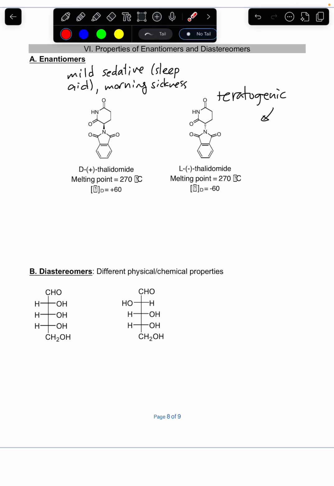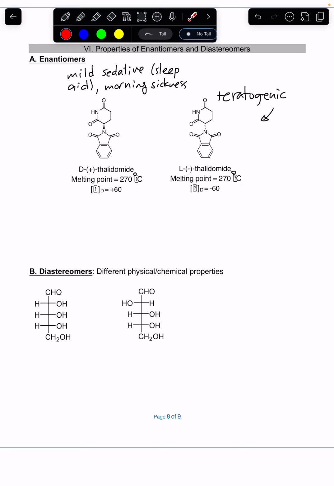Let's think about that. Enantiomers, of course, are mirror images of each other. Sorry, some of the symbols didn't show up very well, but all the physical and chemical properties, like melting point and how it behaves in chromatography, are identical, right? The melting point is the same.